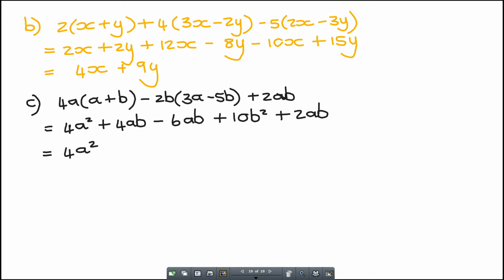Then 4ab plus minus 6ab will give me minus 2ab. Plus 2ab, can you see there's no ab's left? Okay, and then plus 10b squared. Right, you guys good with that? Okay, let's look at 3a.